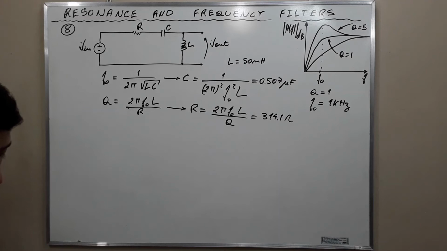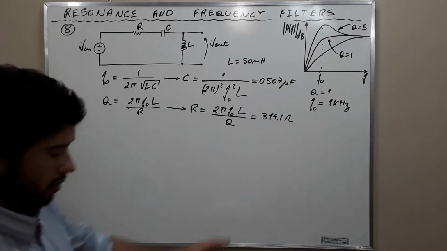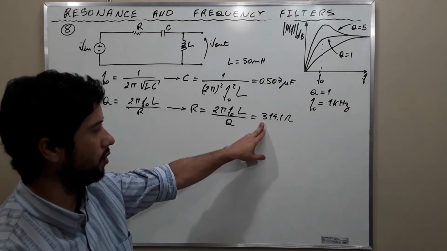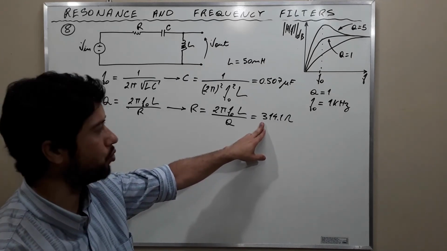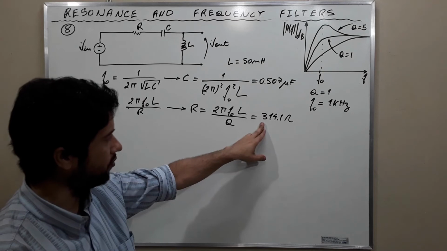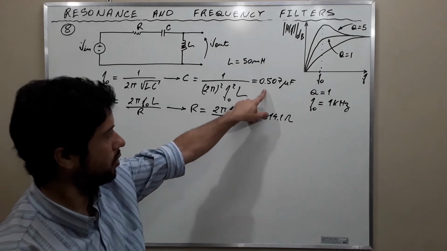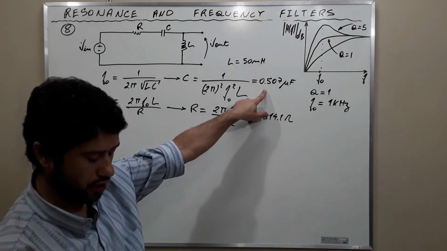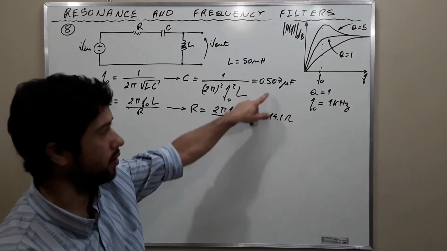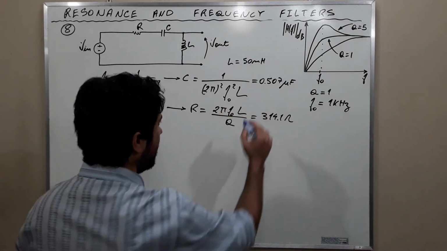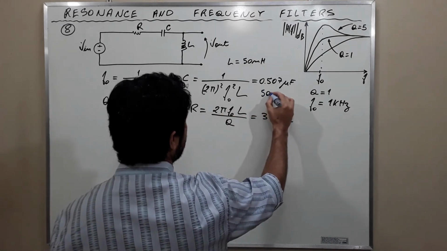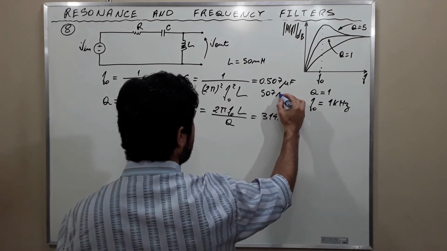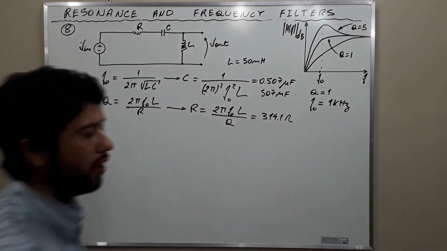Therefore, to allow frequencies greater than 1 kilohertz and reject lower frequencies, we must use the following values of the resistance, inductance, and capacitance. The resistance is 314.1 ohms. The capacitance is this, which can also be written as 507 nanofarad.